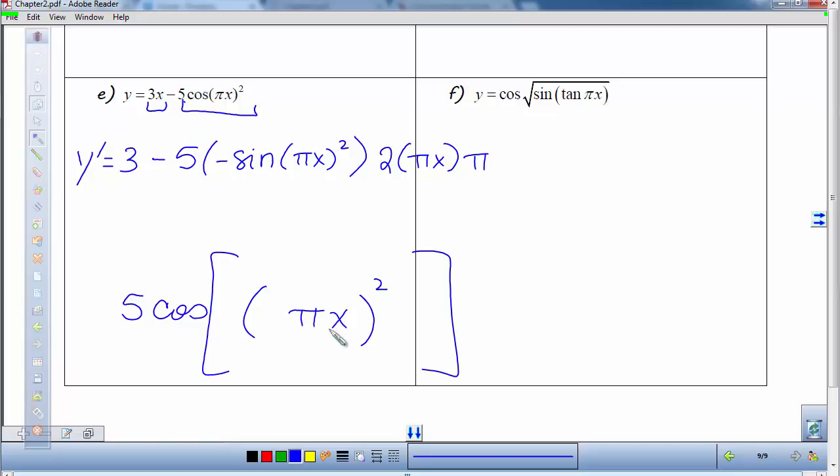So my most outer part is cosine. And then I took the derivative of cosine right here, not changing anything that was on the inside of that. Then my next piece is the power. This is where I took the derivative of the power. We got a 1 left right there. And then finally, we dealt with the inside. And so here's the derivative of that inside. Does that help?